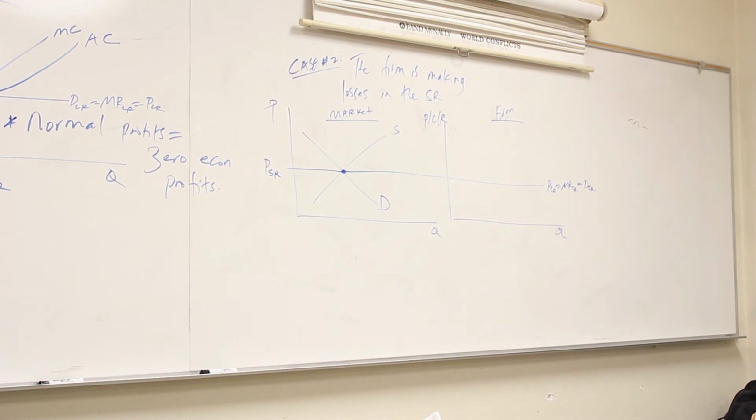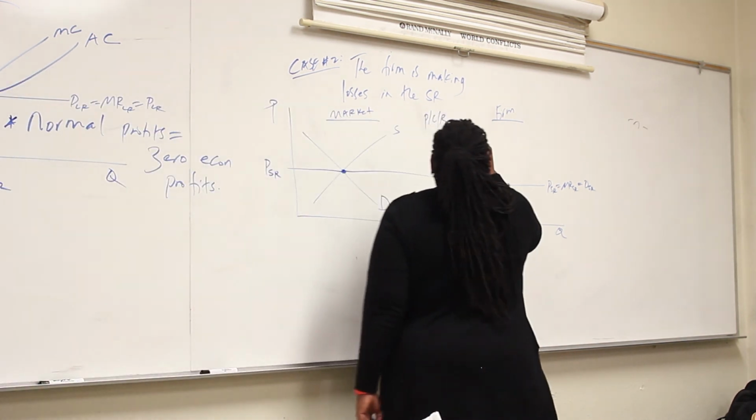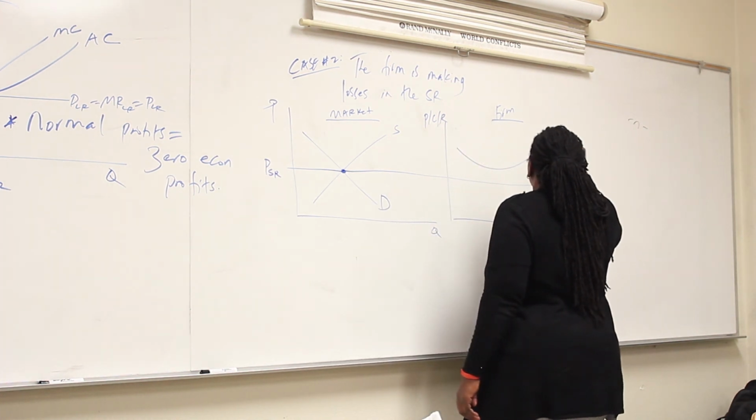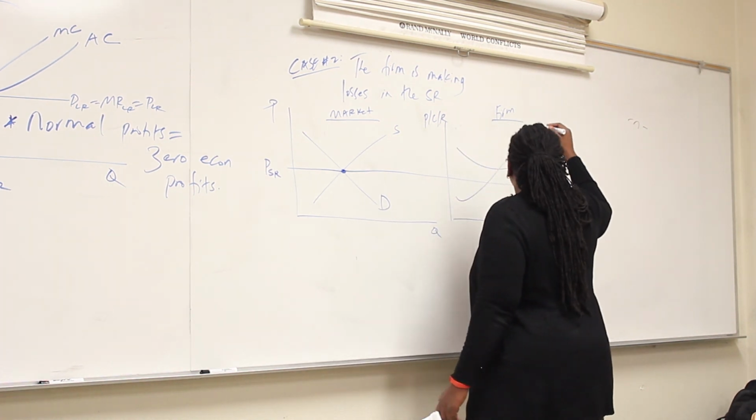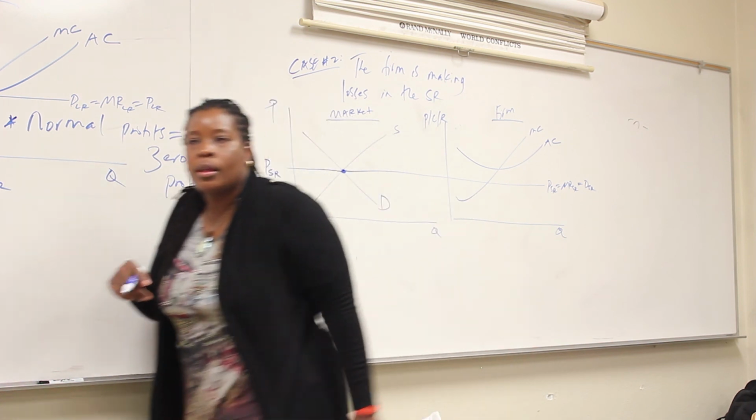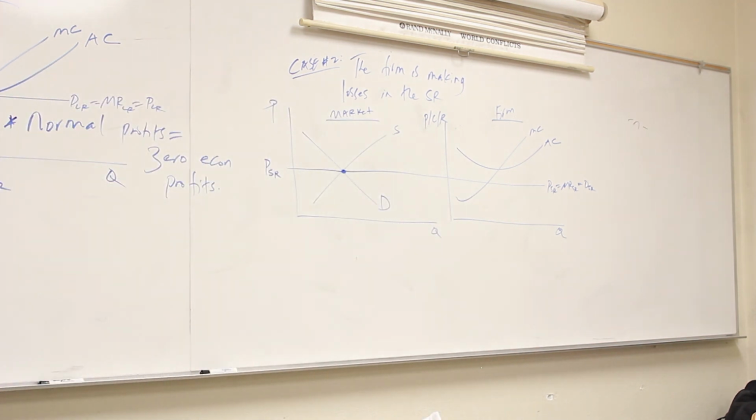Now remember, in the short run, this firm was losing money, which means AC is above the price. Let's get the MC here. So the firm is in the short run, losing money. Let's go through the process.